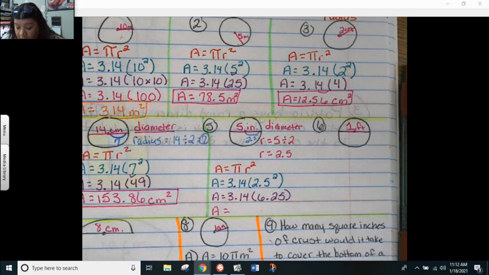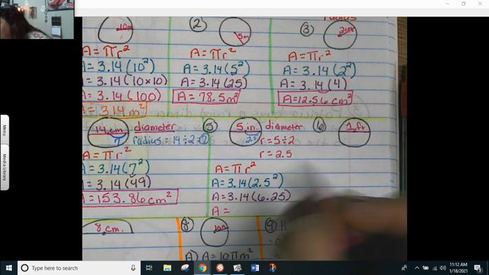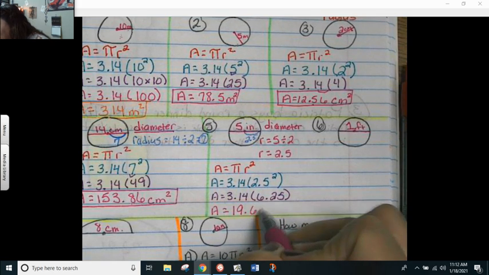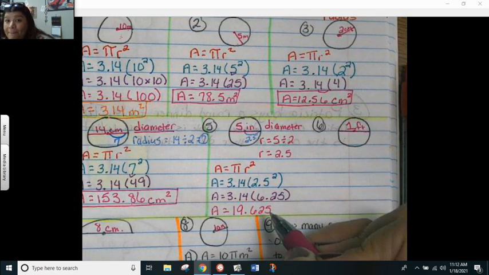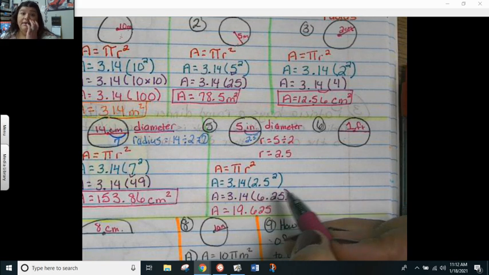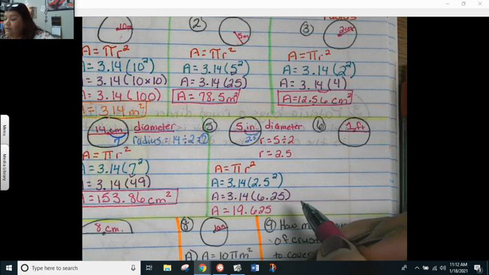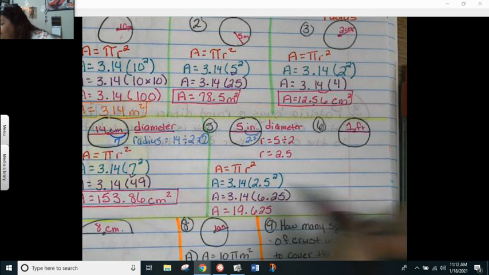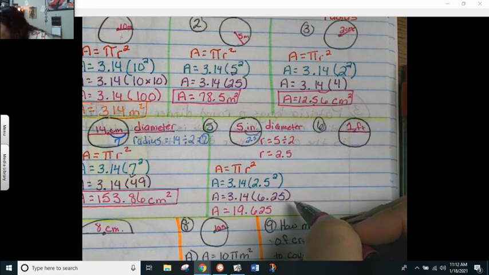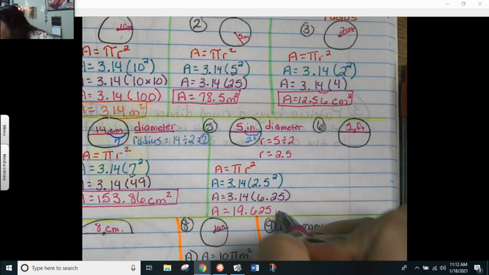So definitely right here, I would really check my work with a calculator, or when I'm multiplying by paper and pencil, really check how many decimal places I'm moving, okay? Especially on a problem that has a decimal as a radius, okay? So you want to make sure you're moving the correct amount of decimal places. So when I multiplied here, I got 19.625, and we're in inches squared.